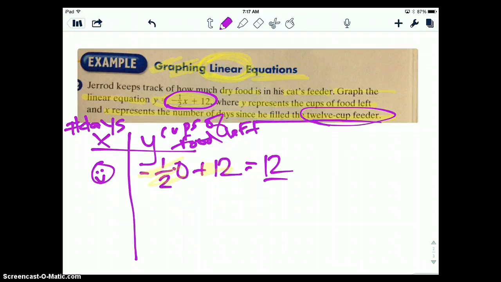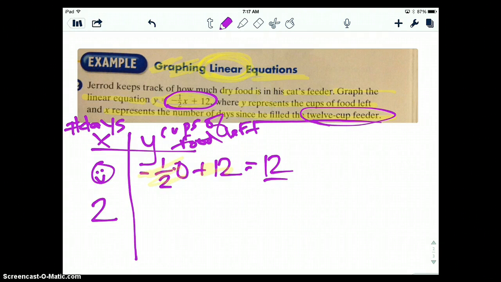Starts out at 12. Now is it going to go up from there? No. It's going to go down because the cat's going to eat it. So we could go to 1, but I'm going to be smart with this and pick something that goes into a half nicely, like 2.